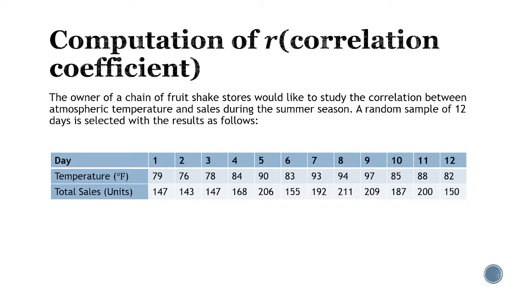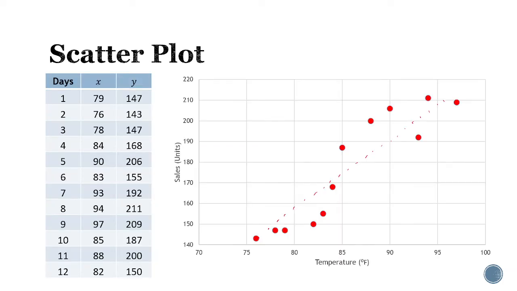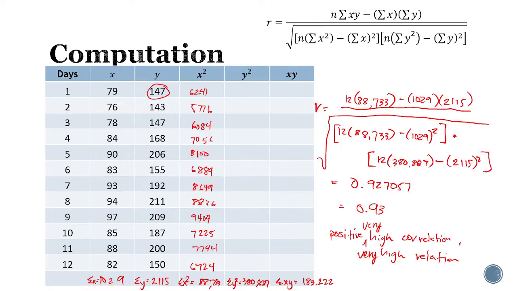We had this example where we looked into a fruit shake store that gets random data from 12 days, the temperature and the sales during the summer season. So we had this scatter plot and we performed the computations.